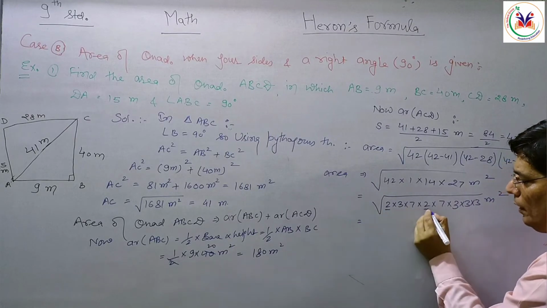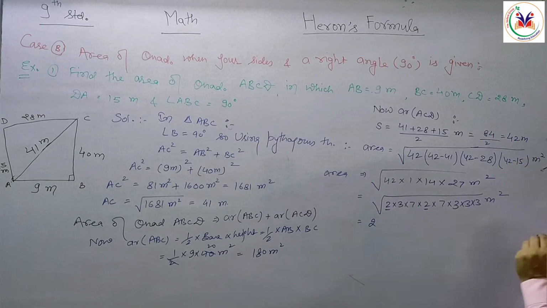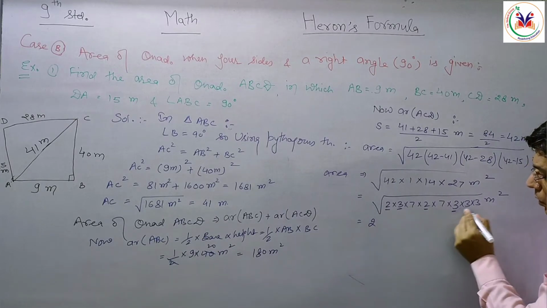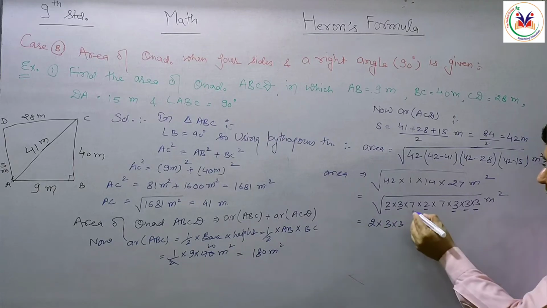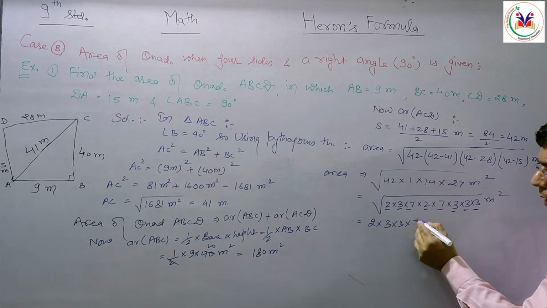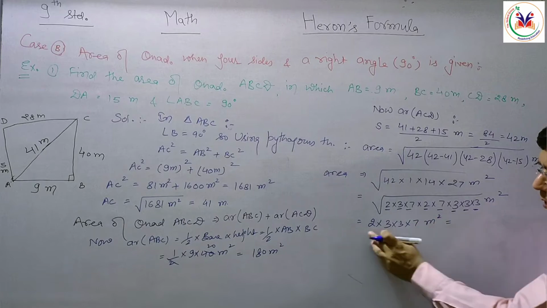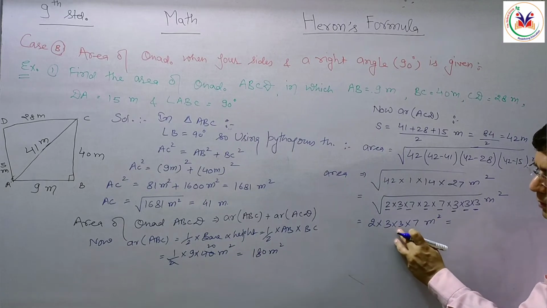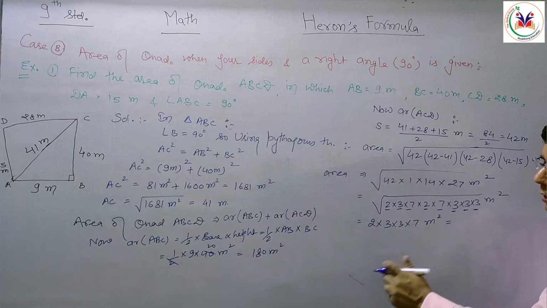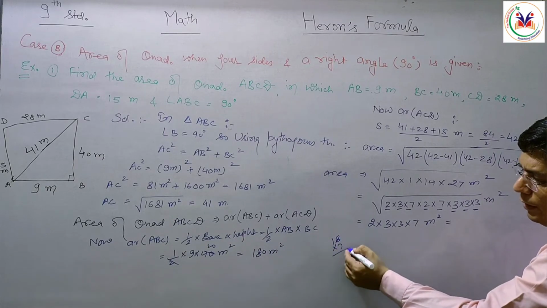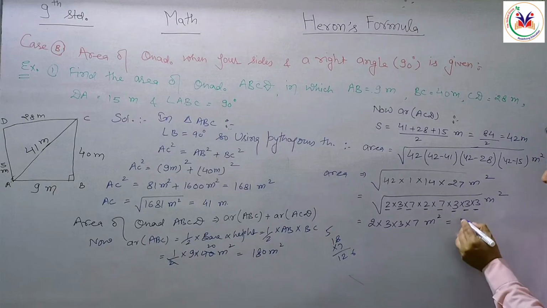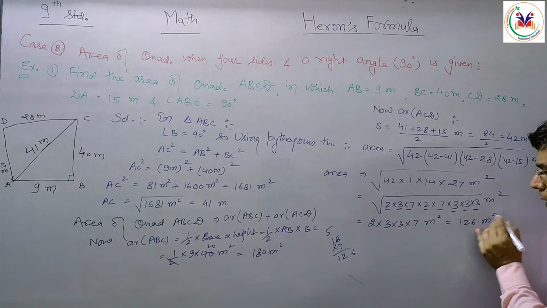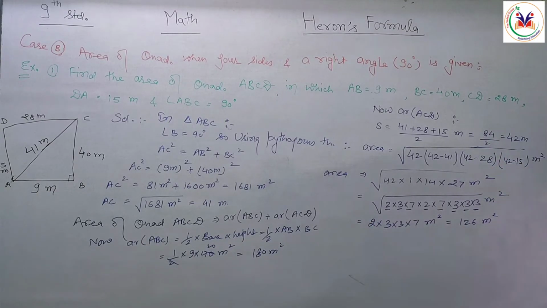Again, 1 2 times है, we should take it outside of the square root. One time we should write 1 2 3 4, that means 2 times बाहर आएगा. Now 7 और 7 2 times है तो 7 meter square. 2 3 जा 6, 6 3 जा 18, 18 into 7, 126, so that will be 126 meter square.